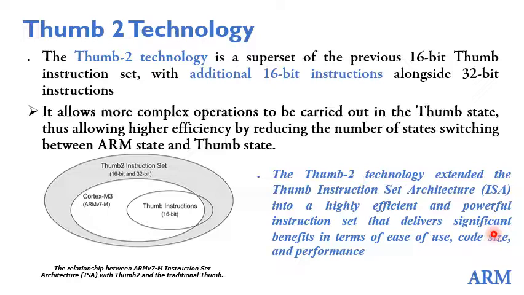This is because the instructions are 16-bit. Okay, so the Thumb-2 technology has extended this instruction set architecture into a highly efficient and powerful one.